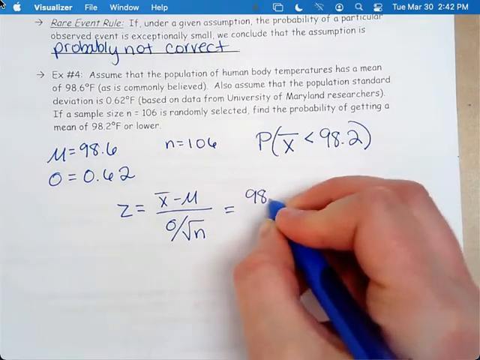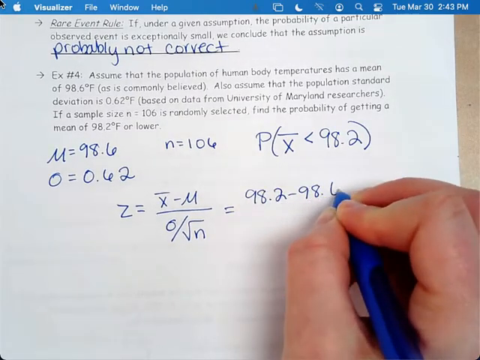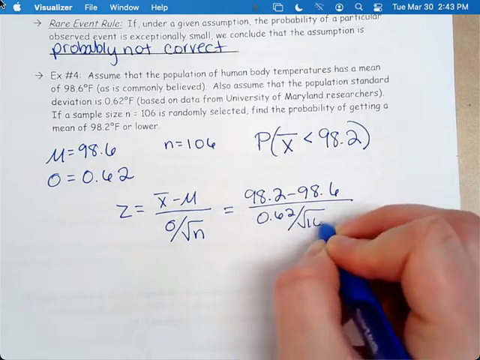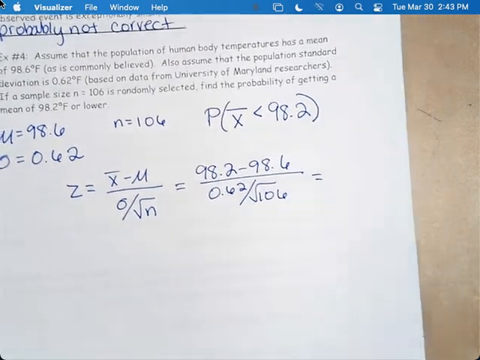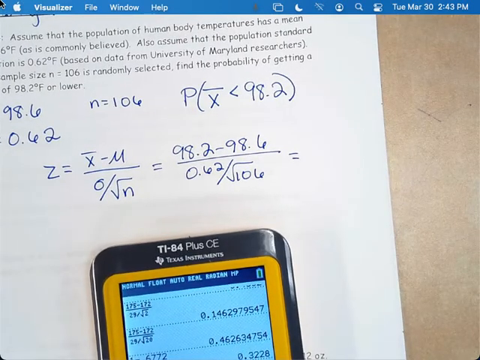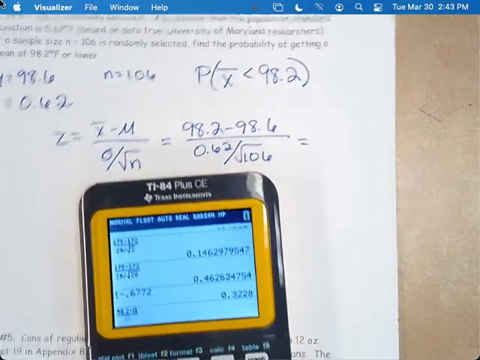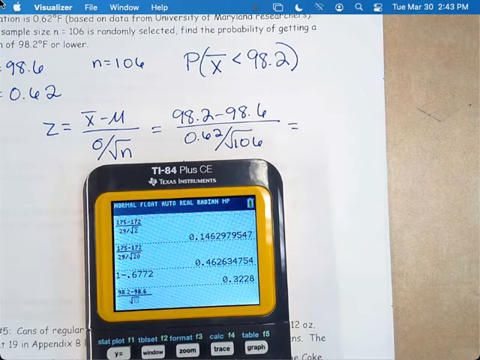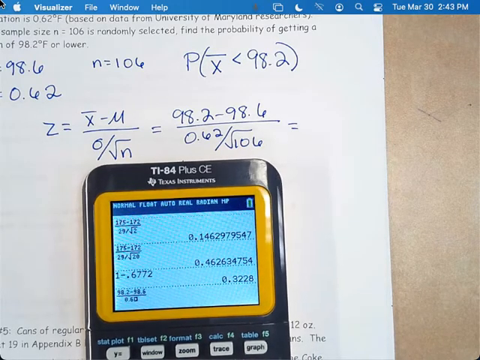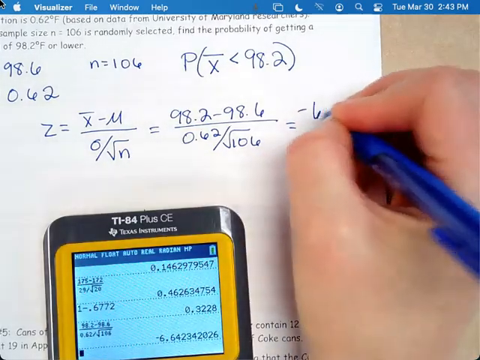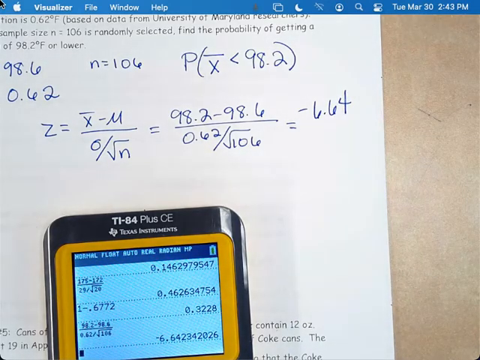So this would be 98.2 minus 98.6 over 0.62 divided by square root of 106. Negative 6.64 is our z-score.